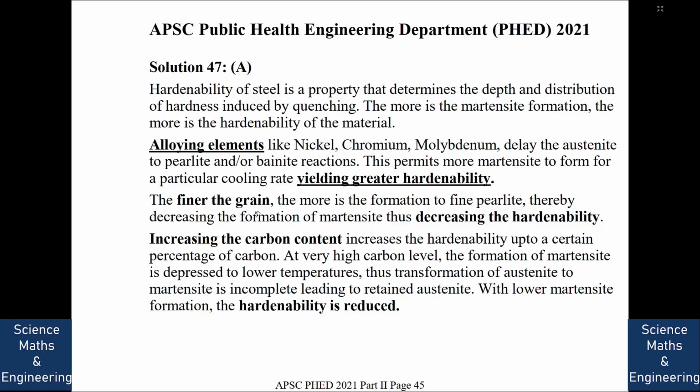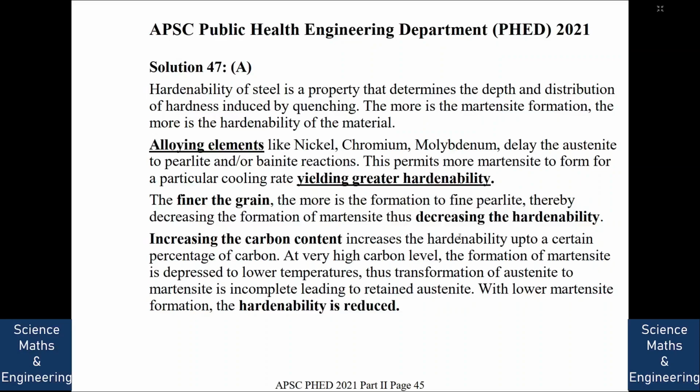Now, if we have fine grain, what happens is that it forms more fine pearlite, and as fine pearlite is formed, it decreases the formation of martensite and thus decreases the hardenability. Then, if we increase the carbon content, it increases the hardenability up to a certain percentage of carbon. However, at a very high carbon level, the formation of martensite is depressed to a lower temperature.